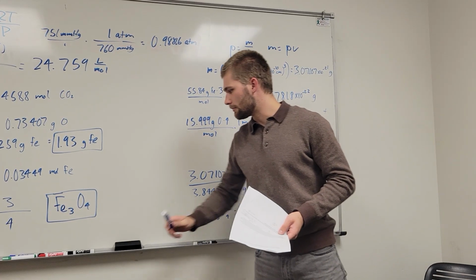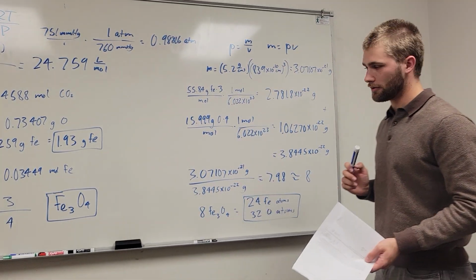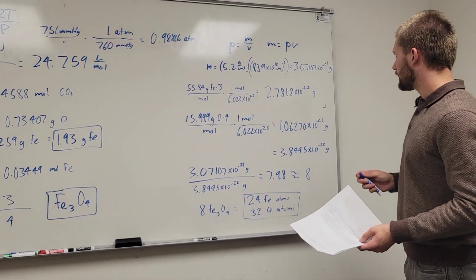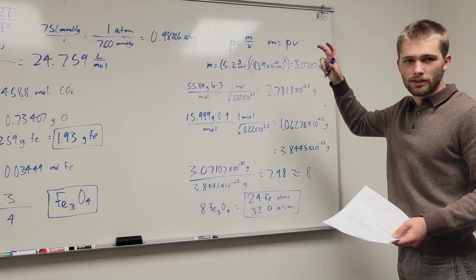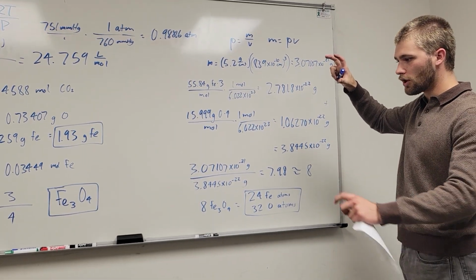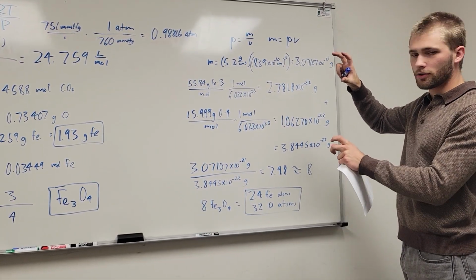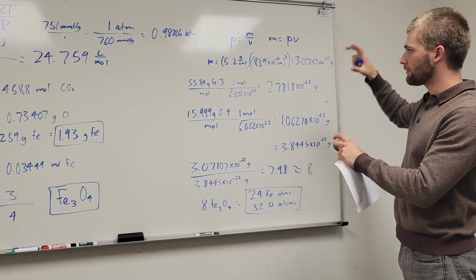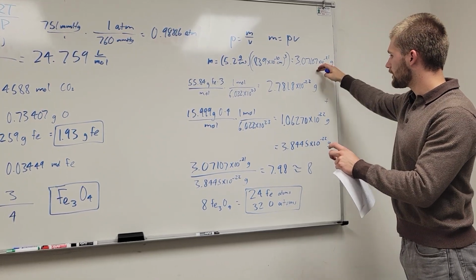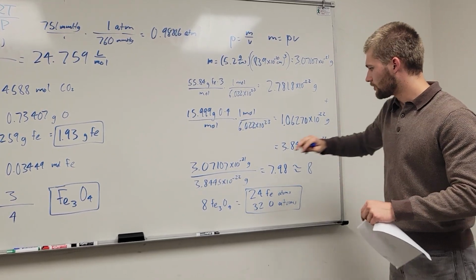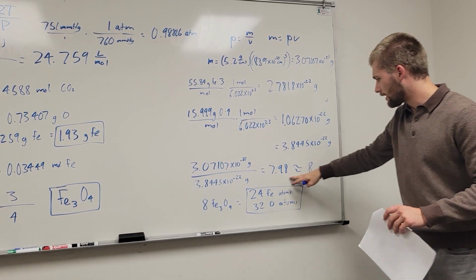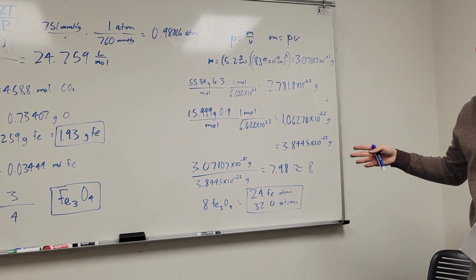So that is the mass of one formula unit of this oxide. If we know the total mass in a unit cell and the mass of the formula unit, we can find the ratio by dividing this number by this number. It comes out to just shy of 8.